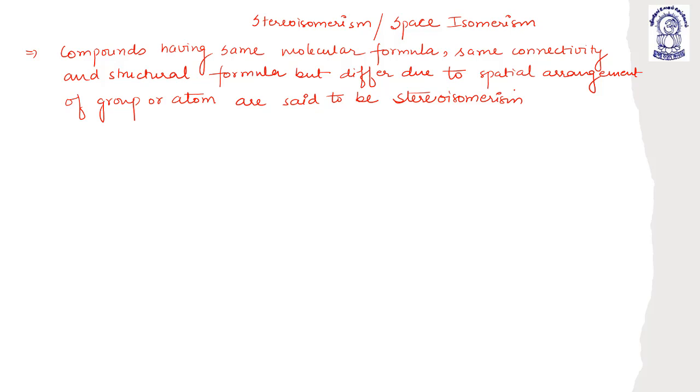if their spatial or three-dimensional arrangement is changing, it will give rise to a new structure. So that is known as what? Stereoisomerism. Although the molecular formula, the structural formula, and the connectivity of the atoms remain the same, they are said to be stereoisomers, and the phenomenon is known as stereoisomerism.